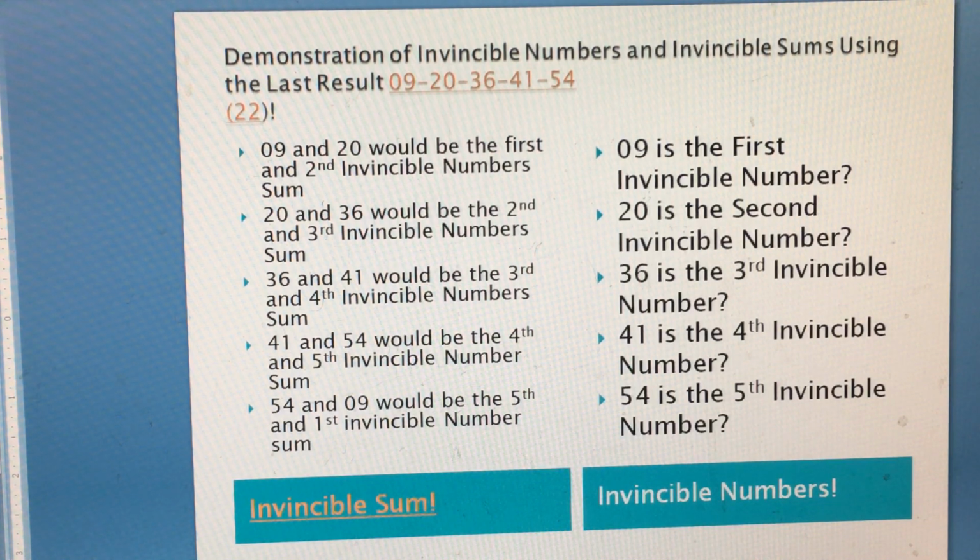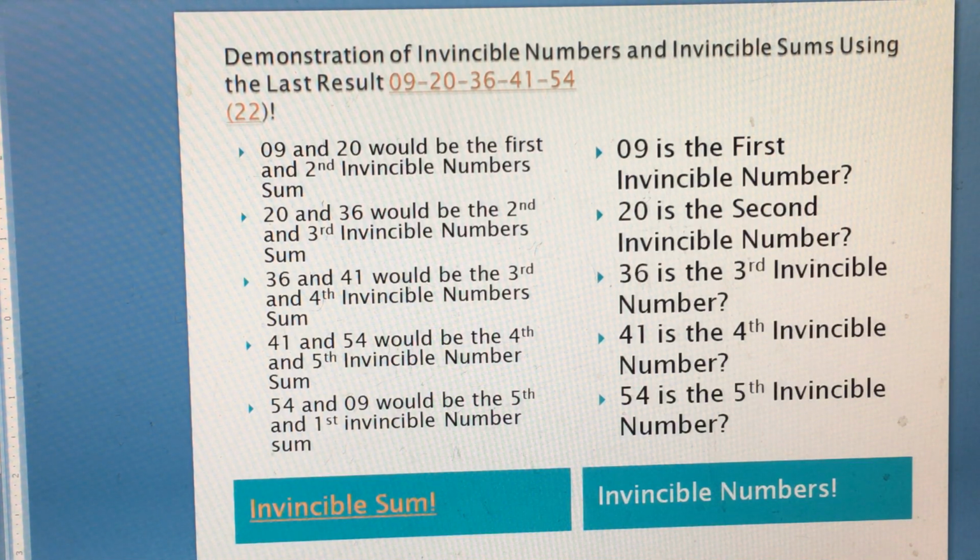Invisible numbers are categorized separately. Invisible with the question mark means it's either an invisible number or it's not. First invisible number will be 09 with a question mark.